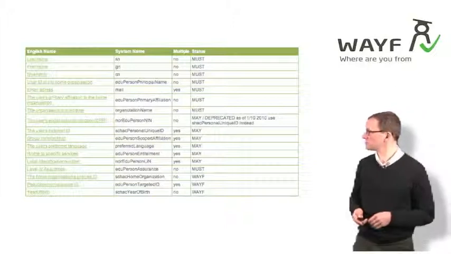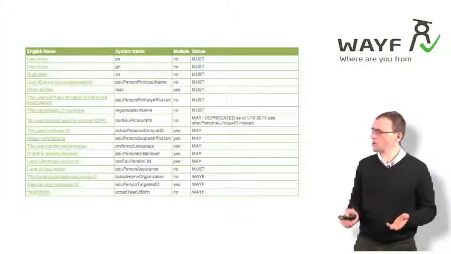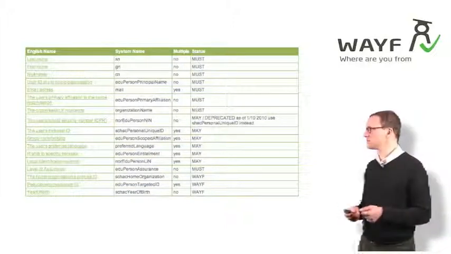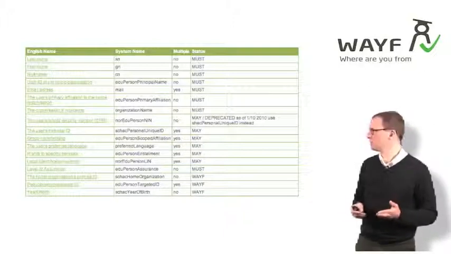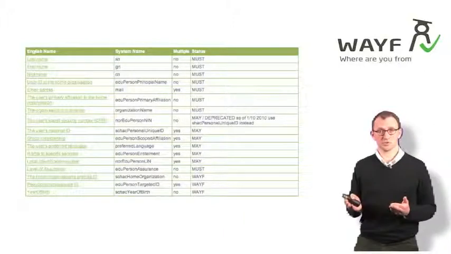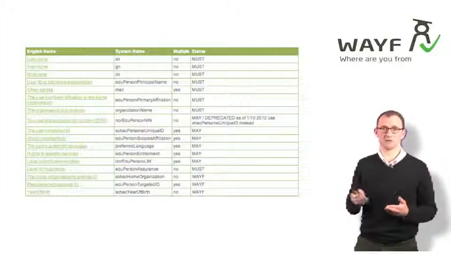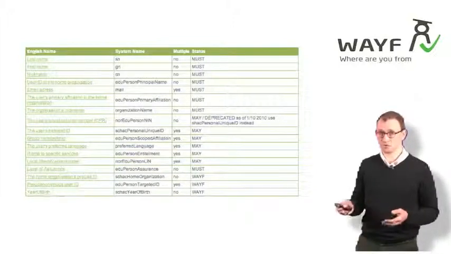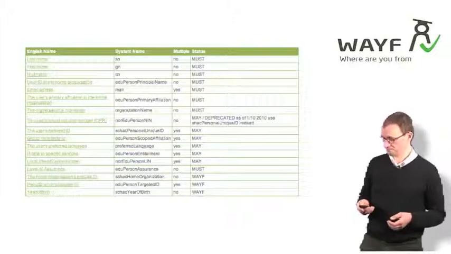We can express many things. We can express email addresses, organizational nicknames, your social security number, the level of assurance, what type of authentication mechanism you use to log in, and so forth.